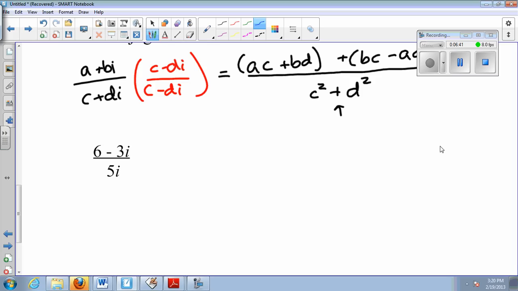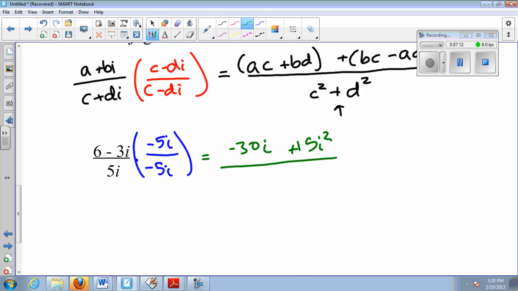So if we start with our example, 6 minus 3i over 5i. Now there's only one term in the denominator, so we multiply by its conjugate, which is negative 5i. On the numerator, I'm going to distribute. On the bottom, I'll multiply to get negative 25i squared.